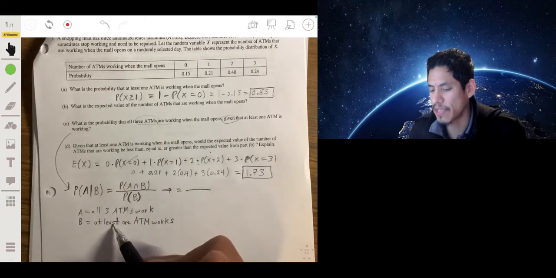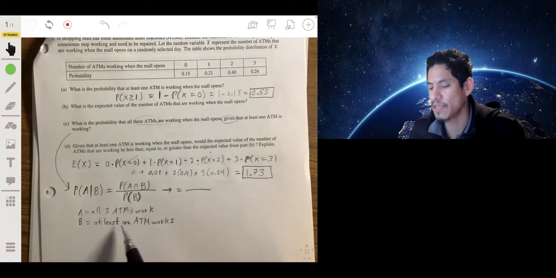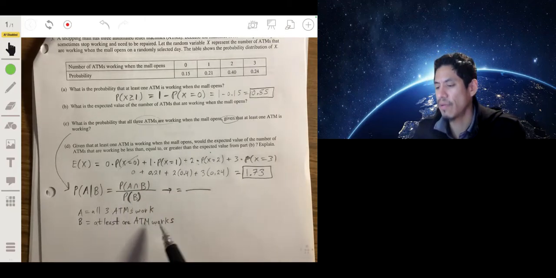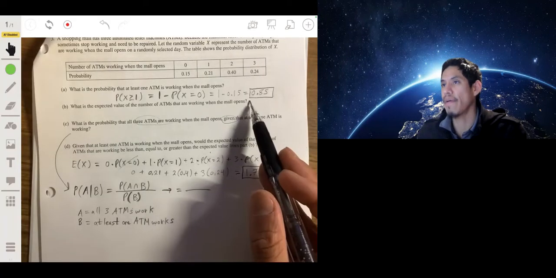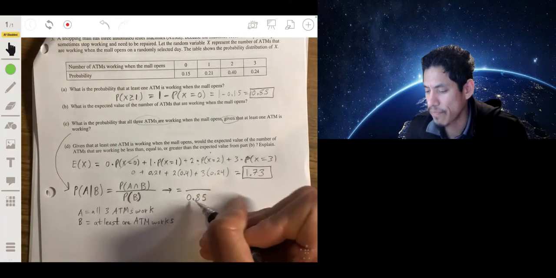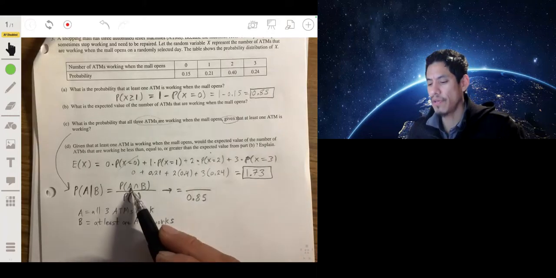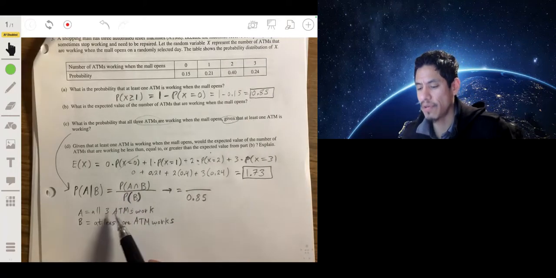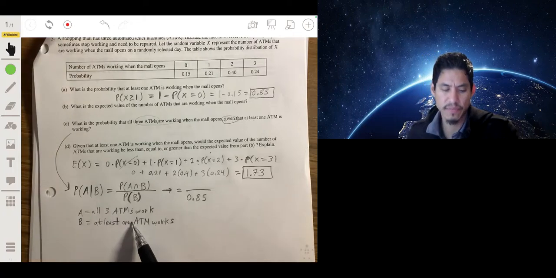Let's do the probability of B first. The probability that at least one ATM works, we already found in part A, so that'll be 0.85. Now the probability of A and B, the probability that all 3 ATMs work, given that at least one works.